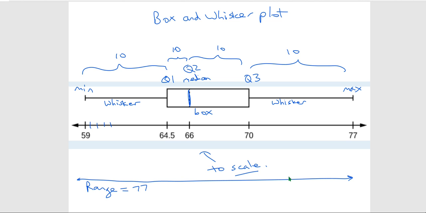So that range is 77 minus 59, which is 18. The interquartile range is from Q3 to Q1. So it's from here to here. Think of it as the width of the box. So that's 70 minus 64.5, which is 5.5. And then that would be your whole box plot.